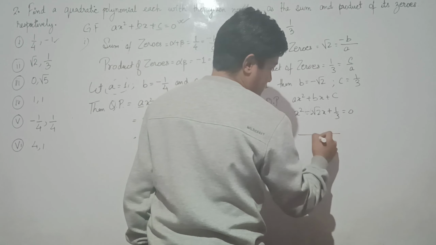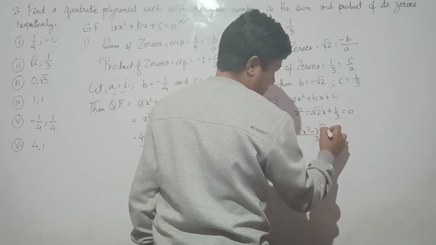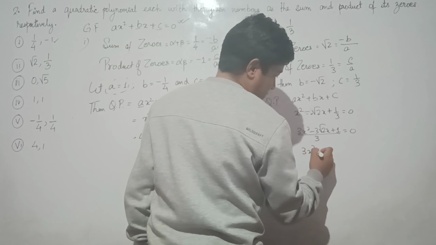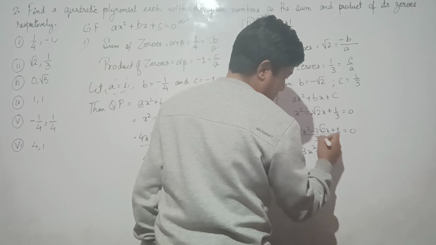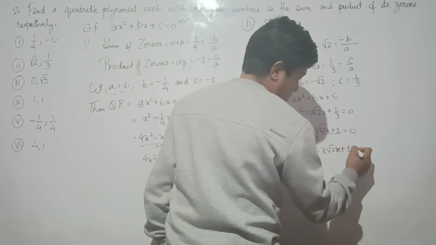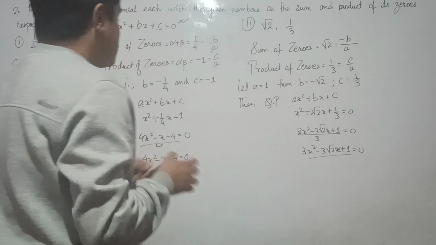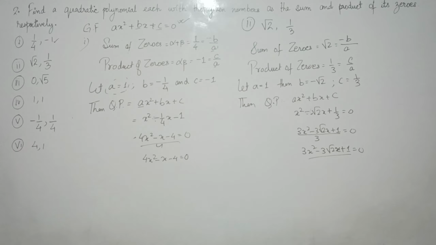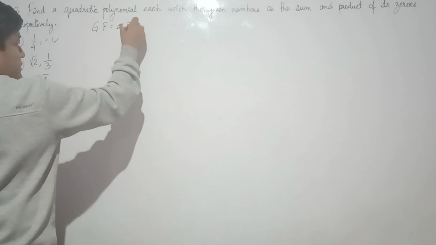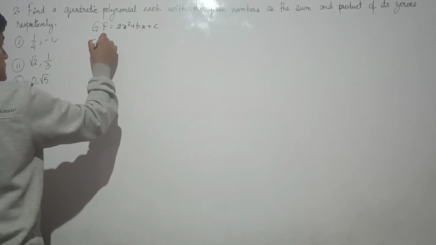Taking the LCM, 3, we get 3x square minus 3 root over 2x plus 1 equals to 0, which is the quadratic that fits this. You need to remember the general formula for a quadratic polynomial, ax square plus bx plus c.